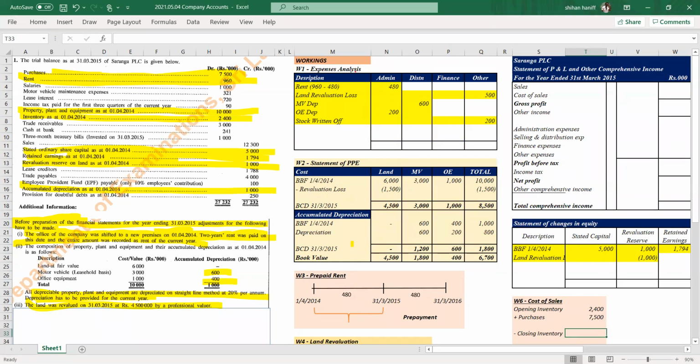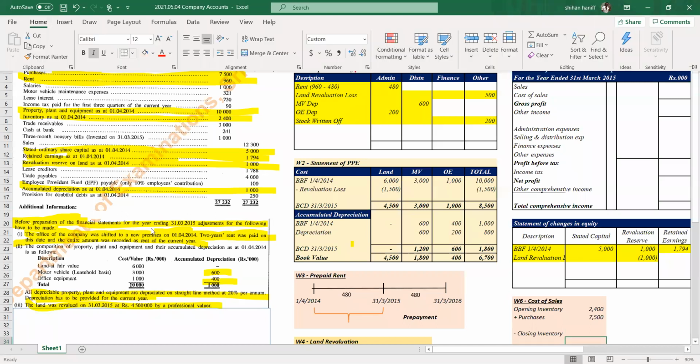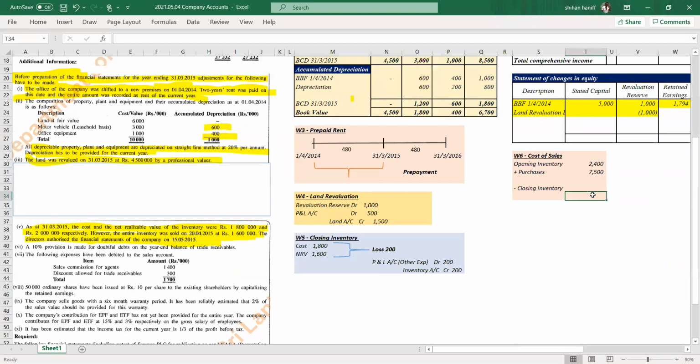Right. Now tell me how much is the cost of sales. Tell me how much is the closing stock that you take. What is the closing stock that you take? And cost of sales.